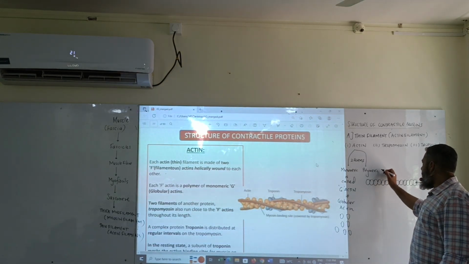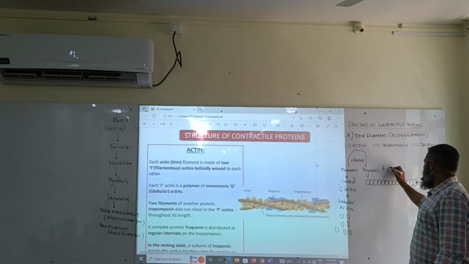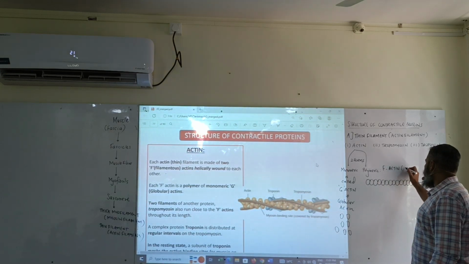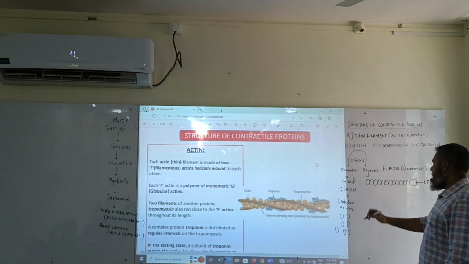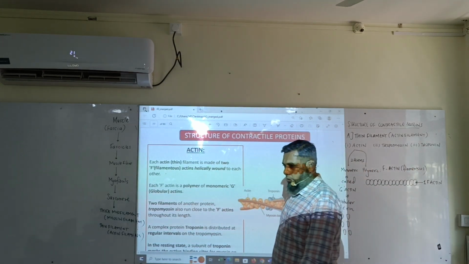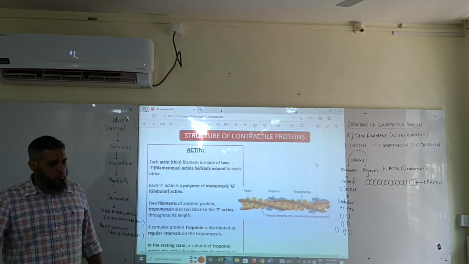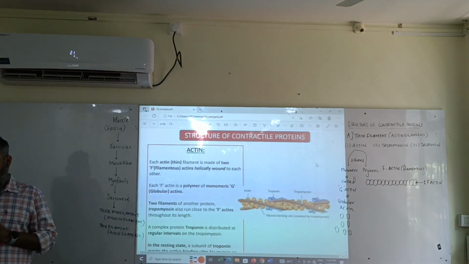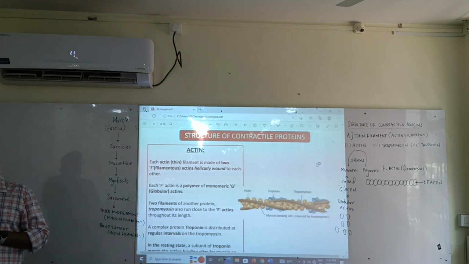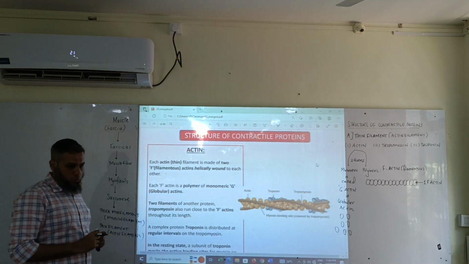So the polymeric form is called F-actin, that is filamentous actin. Got it, everybody? Yes. So the monomeric form is called G-actin, that is the yellow circles. Many of them will come together and result in the formation of an F-actin.